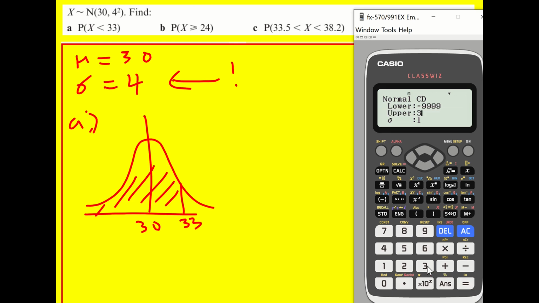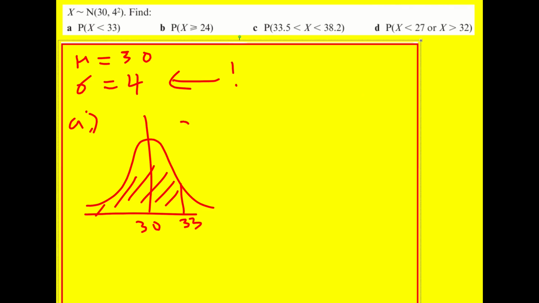Upper limit, 33. This time, I need to make sure I'm not using my standard normal distribution, but this one here. So 4 and 30, and I get 0.773. Let's just do 3 sig figs.